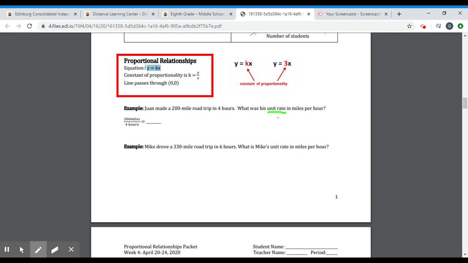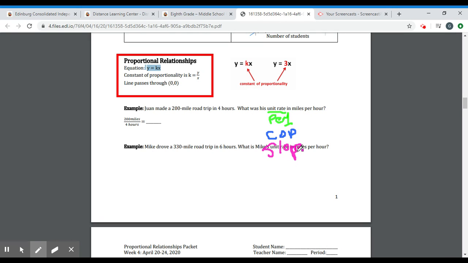Unit rate is another word for per one. It could also be my constant of proportionality, or it could also be my slope.